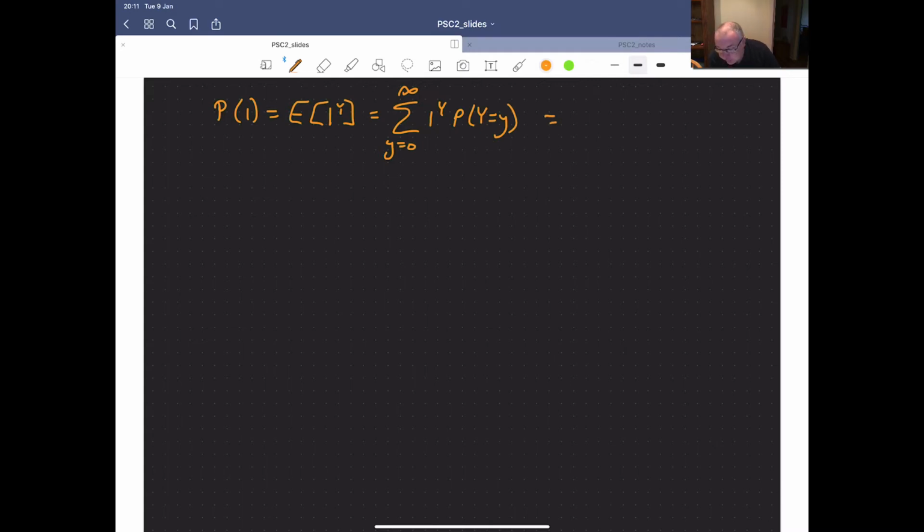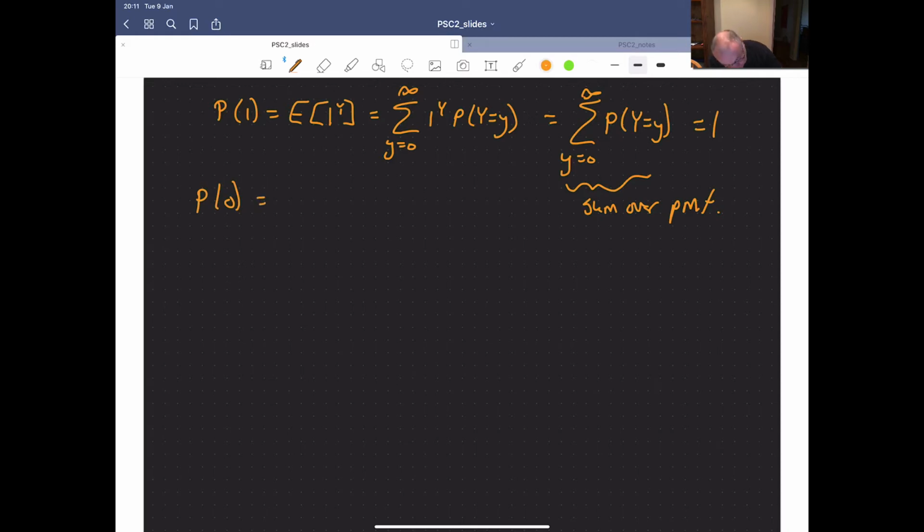Whatever y is, 1 to the y is just going to be 1. So this is the sum y equals 0 to infinity of the probability y equals y, which is 1, because we are using the old sum over the PMF, and it's a valid PMF. What about P of 0?